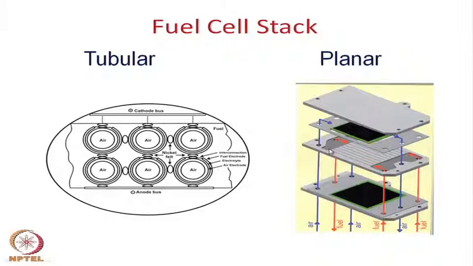So, the channel dimensions are very important, the flow rates have to be uniform, and the consumption of the gases also has to be uniform over the whole area of the electrolyte or the plate or the single cells.